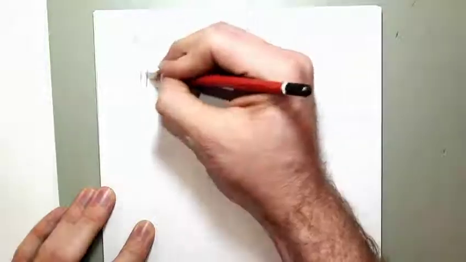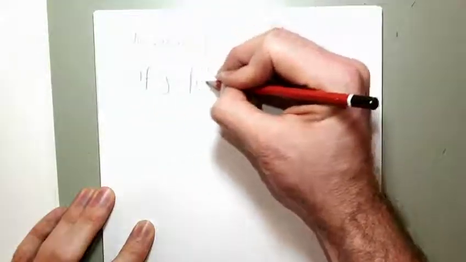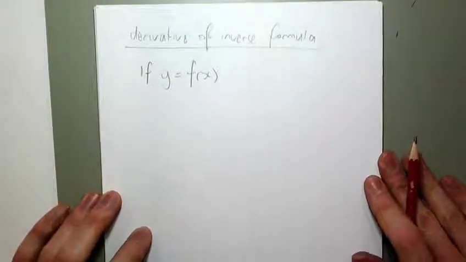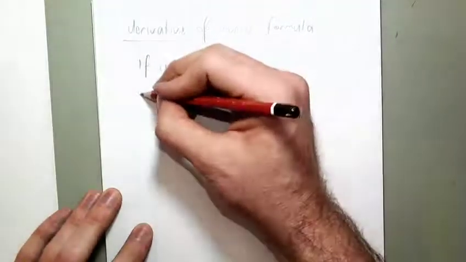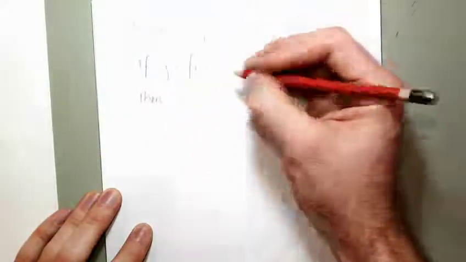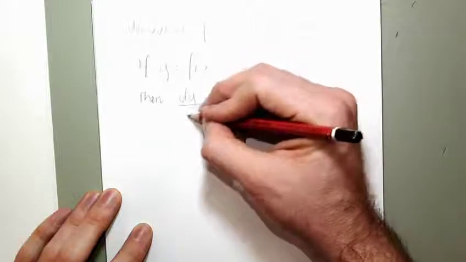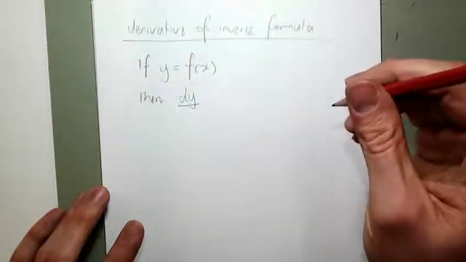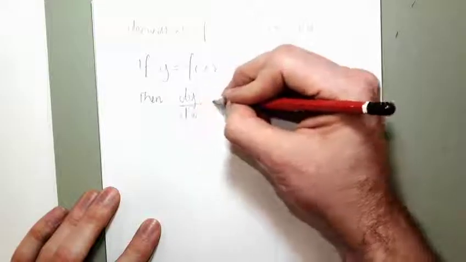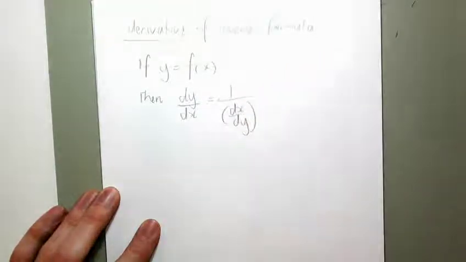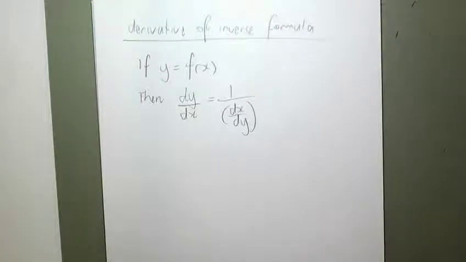If y is equal to f x, right, then dy on dx is equal to 1 over dx on dy. That is version number 1.